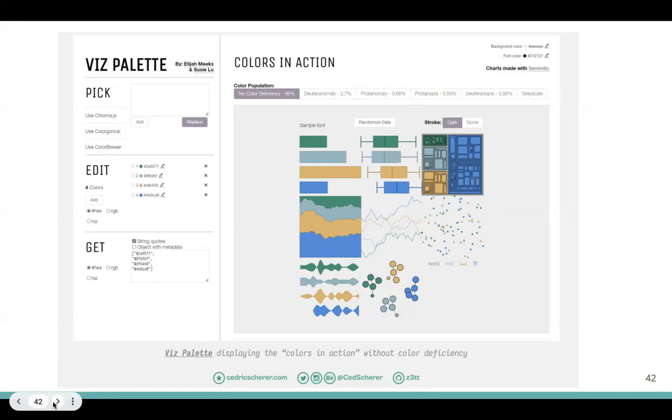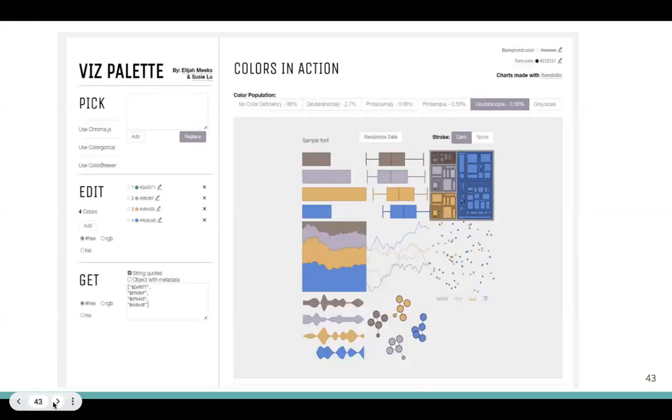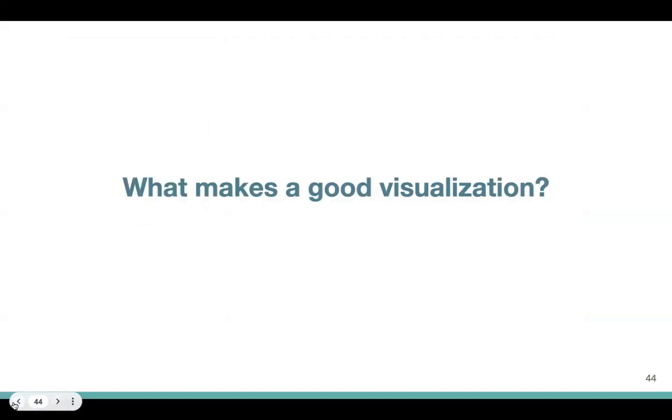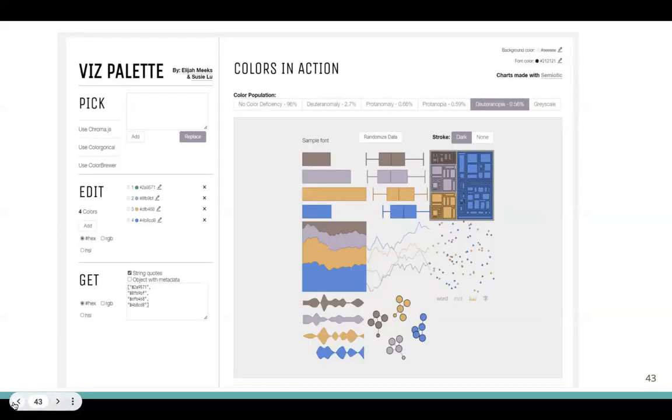But here you'll be able to very easily see how your chosen color palette appears to someone with no color deficiency, like this current palette is, but also how it would appear to someone with color deficiency. So this is how that same palette looks to someone who has deuteranopia, which is a particular type of color blindness. Such resources also allow you to think about what palettes you can choose to make sure that even someone with color blindness can understand what you're showing.